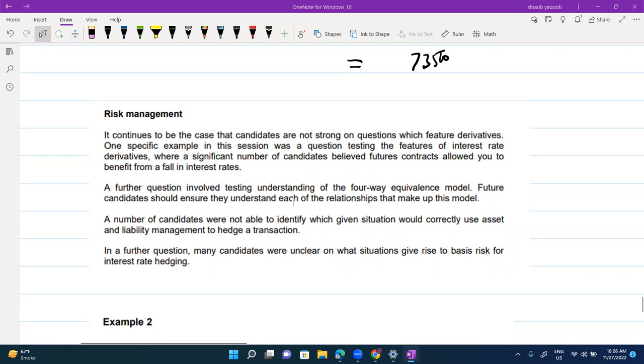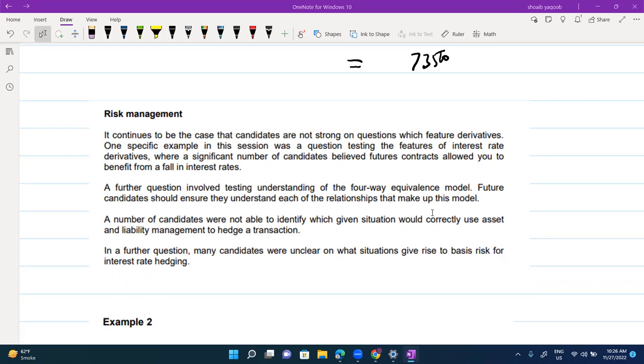A further question involved testing understanding of the four-way equivalence model. Future candidates should ensure they understand each of the relationships that make up this model. There are four theories. Number one is purchasing power parity. Number two is interest rate parity. Number three is the international Fisher effect. Number four is... what was number four?